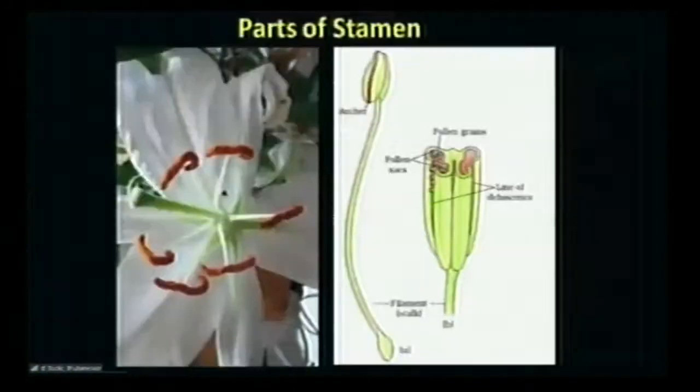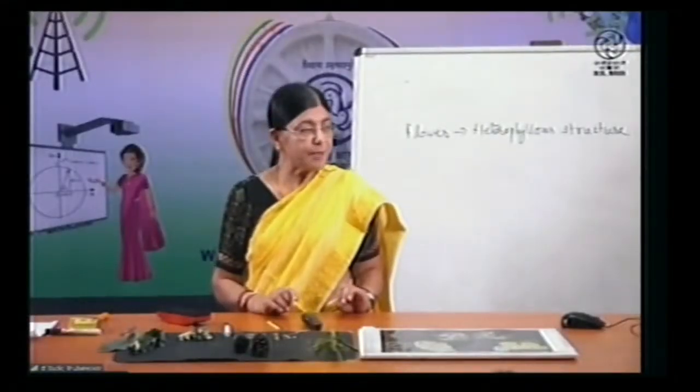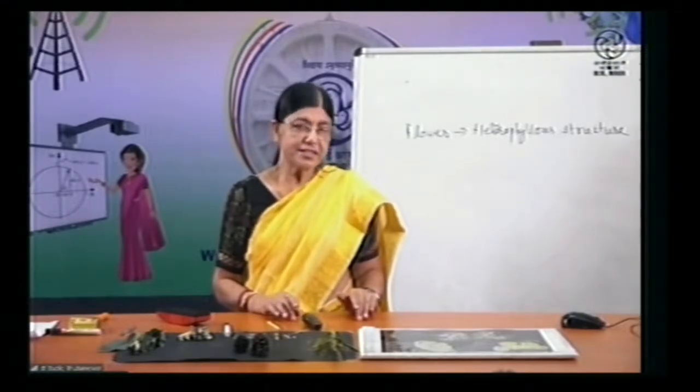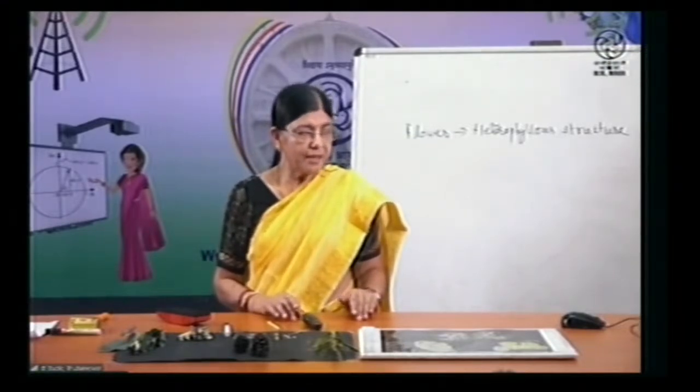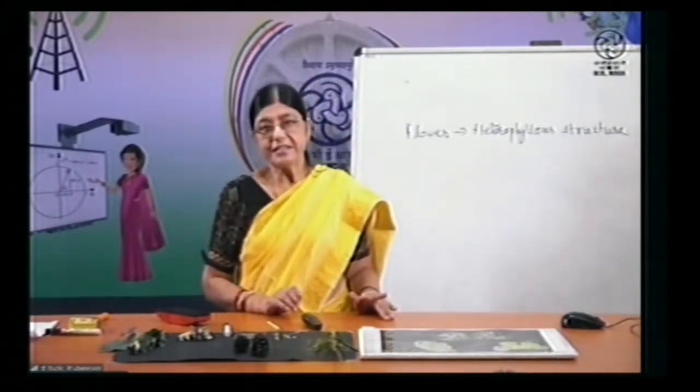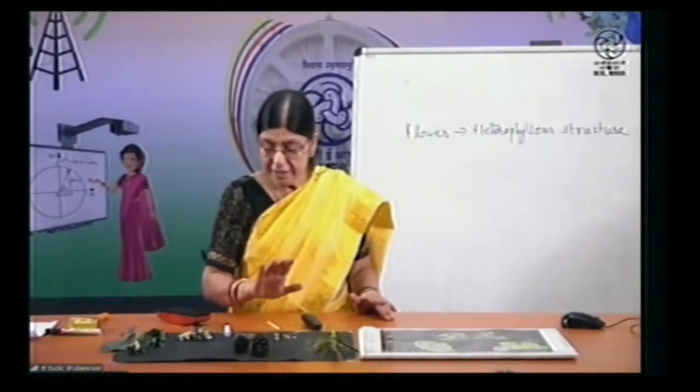As there are two theca per anther lobe, and two anther lobes per anther, how many theca will be present in an anther? Certainly 4. So 4 theca are present in each anther.